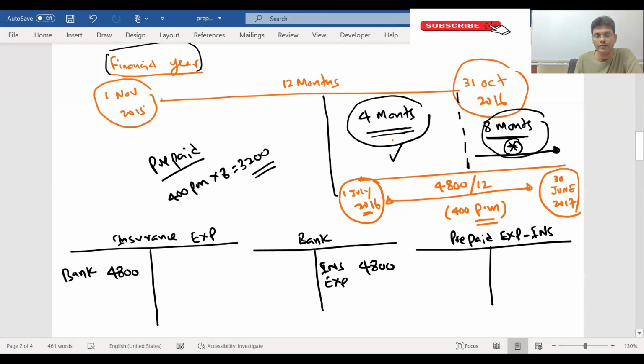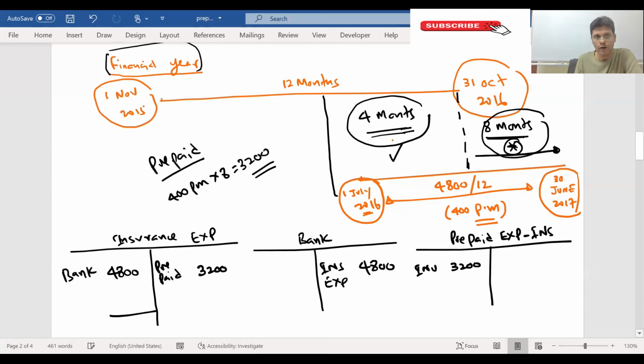And you need to transfer 3,200, we need to credit the insurance account and debit the prepaid expense account.